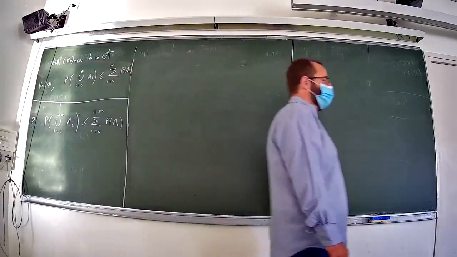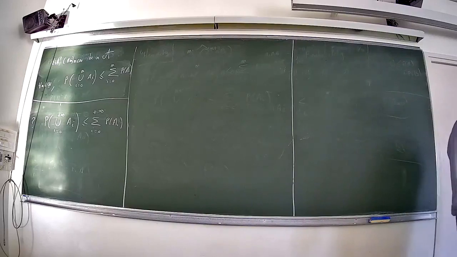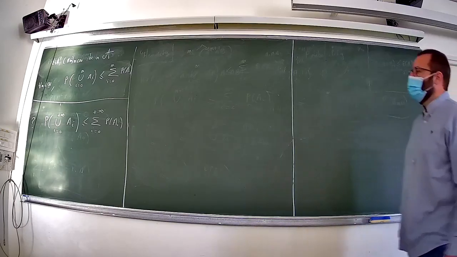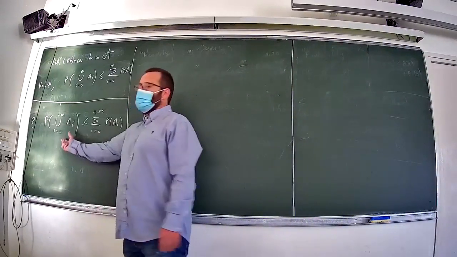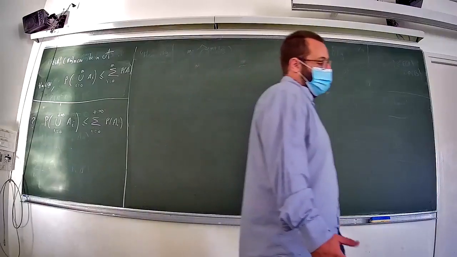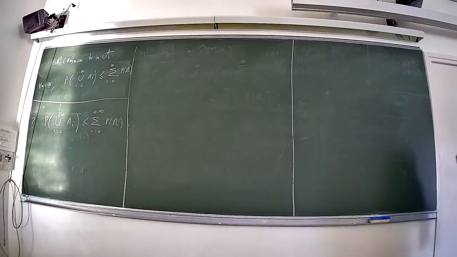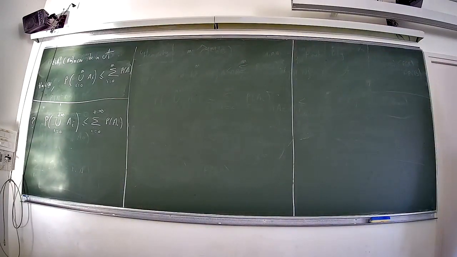So in the first question, I have proved that it is true for any n, so for n equal to 0, n equal to 1, n equal to 2, and so on. And I want to prove that it's true when I replace n by plus infinity, that is when I take the limit.